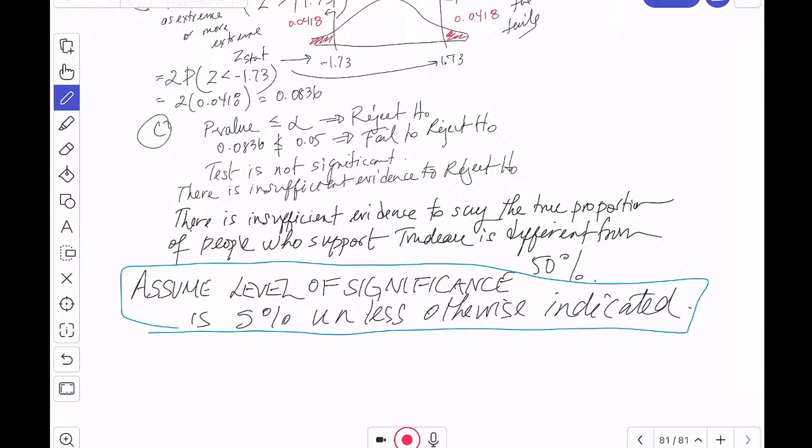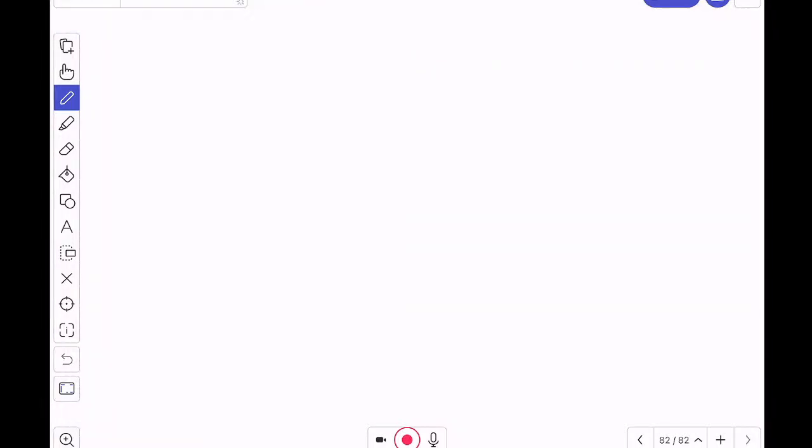Okay, so in this one, it's about proportions. I'm going to write like that.